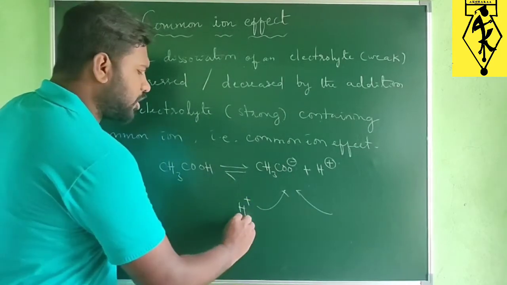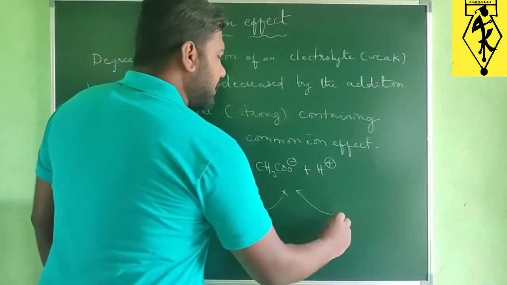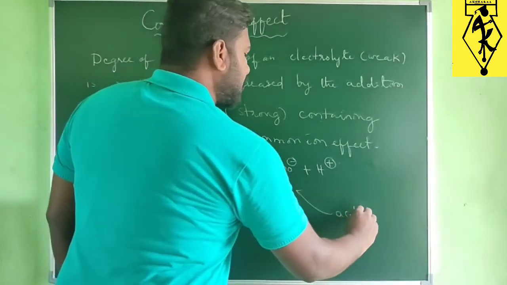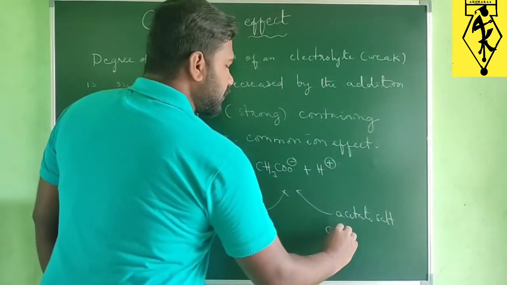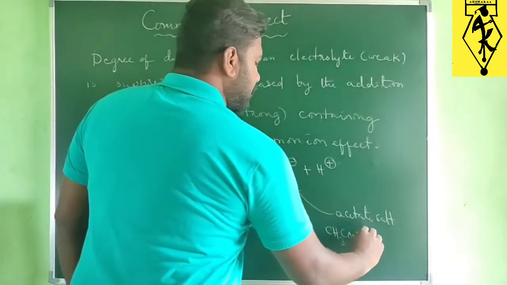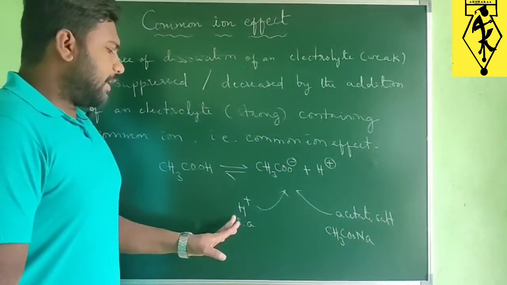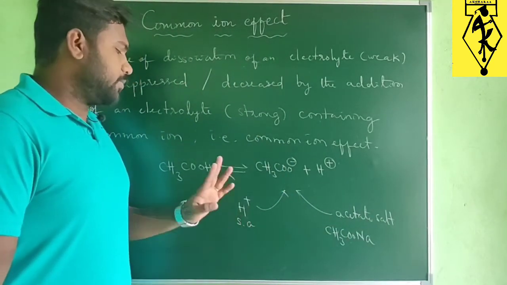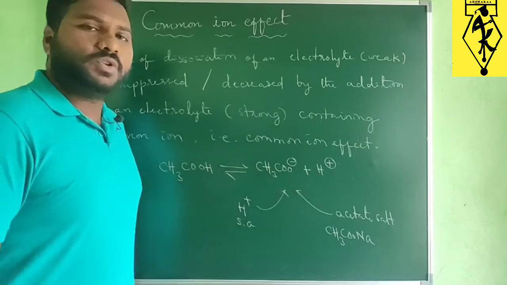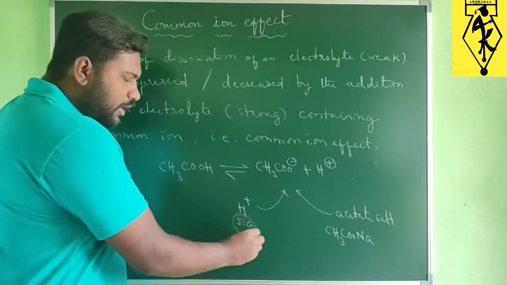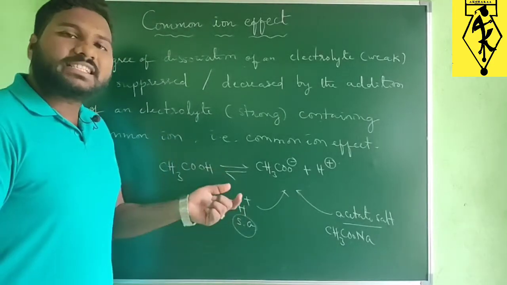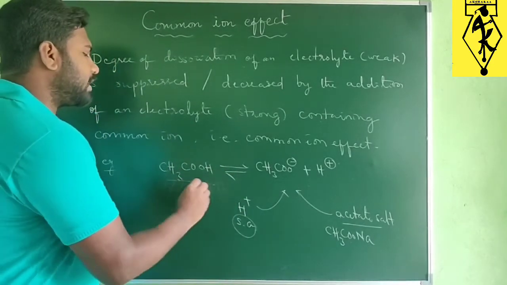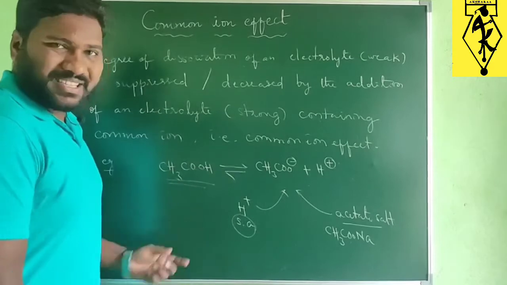You can add any strong acid, or any acetate salt such as sodium acetate, which can produce H plus ions or acetate ions in this solution. So if we add any strong acid or any acetate salt, we can suppress the dissociation of CH3COOH, acetic acid.